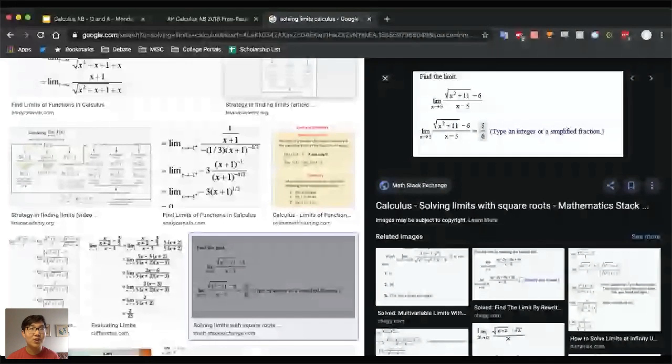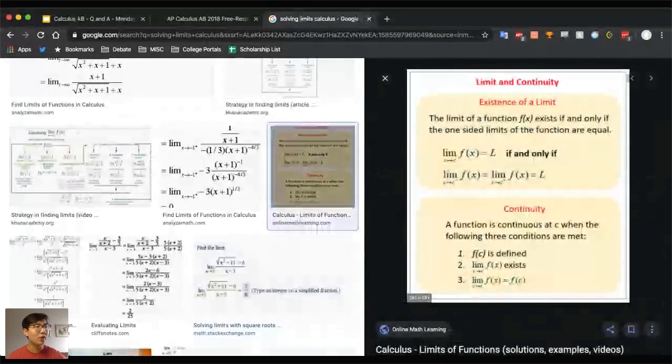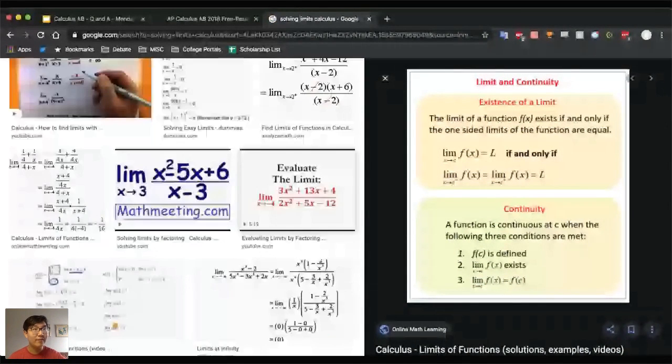So that's where we would start to check a variety of things. This is just checking continuity. But when evaluating a limit, you want to try factoring. If factoring doesn't work, this is a great chart.